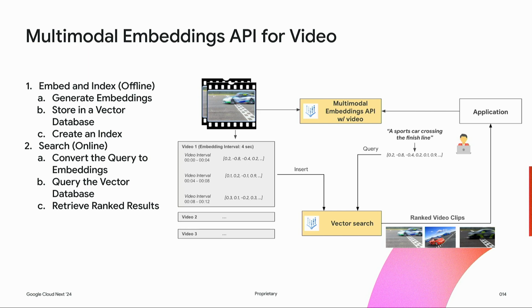Now, the beauty here is you don't have to do anything like object detection, speech recognition, or video classification like what you would do in a traditional scenario. Instead, just call the embeddings API and have that video embedded, right? And right now, we support any length of video.